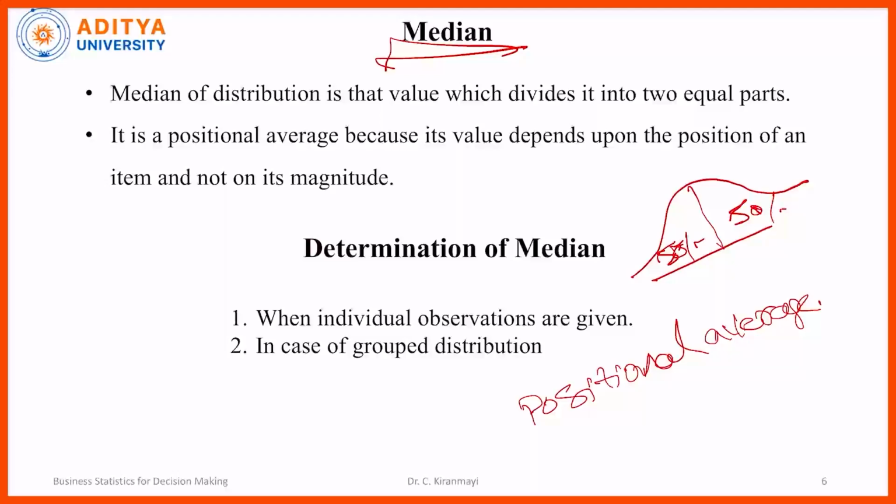Therefore, sometimes the data analyst may prefer median rather than computing mean, when the data consists of more outliers, or when extreme values affect the mean value. Suppose, for example, the income of the employees.